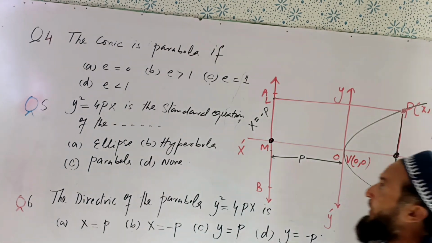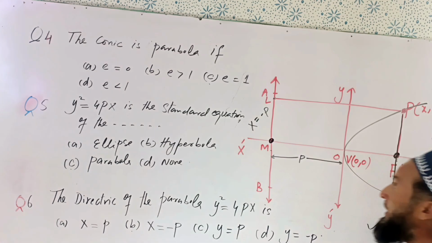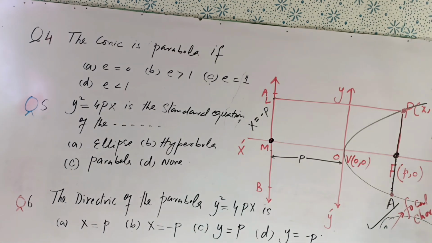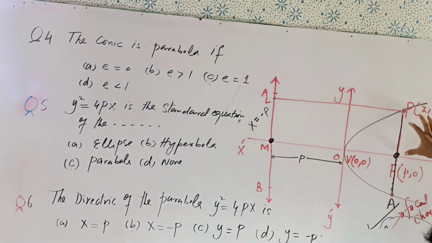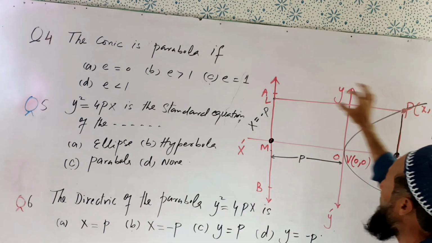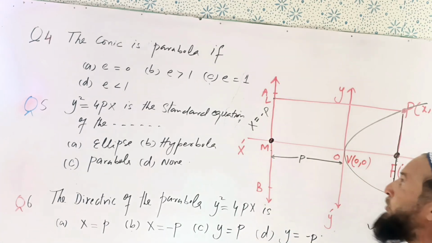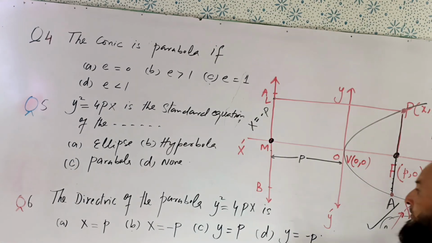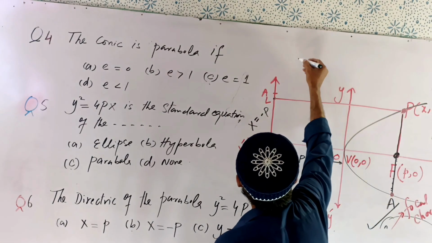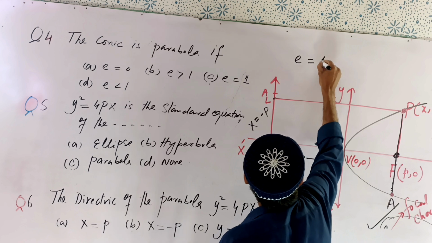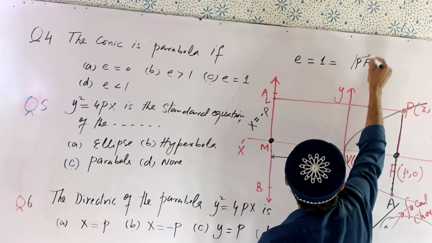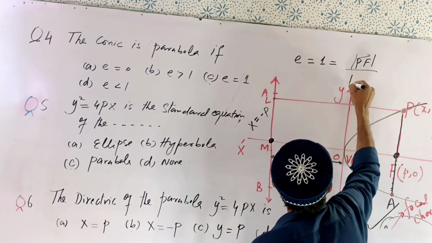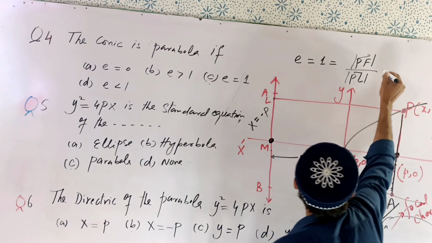Question number 4, the conic is a parabola if. What is the definition of the parabola? The distance from the fixed point and the distance from the directrix line must be equal. It means its eccentricity, if they are equal, must be equal to 1, because we have already defined the distance between the point and the focus being equal to the distance between the point and the directrix line, called the eccentricity.